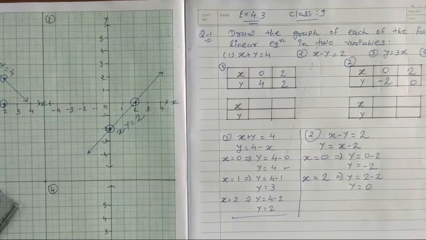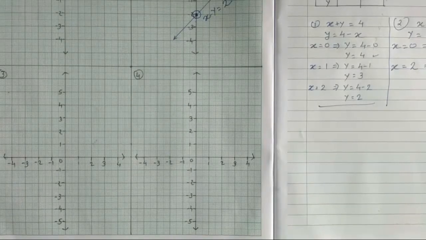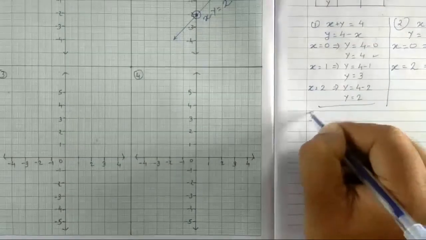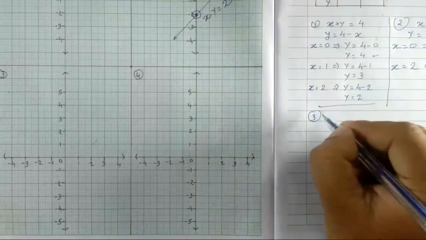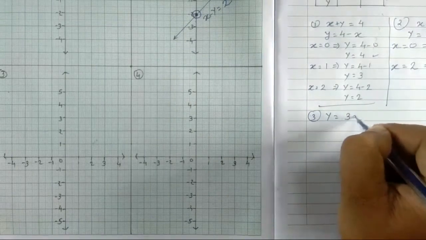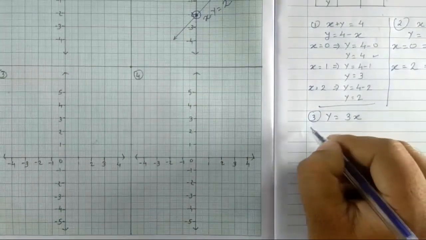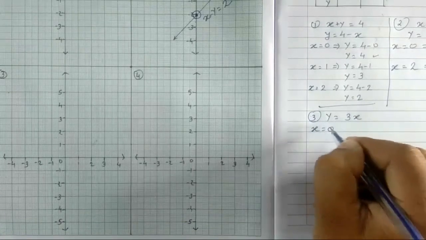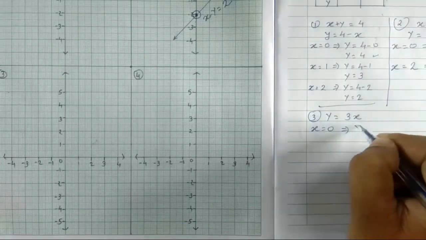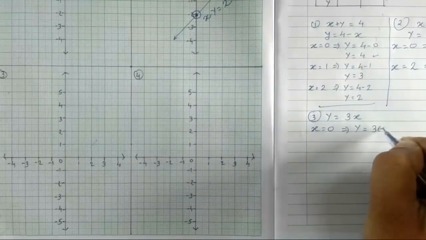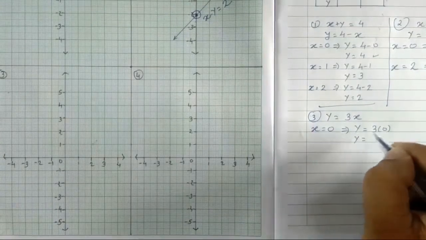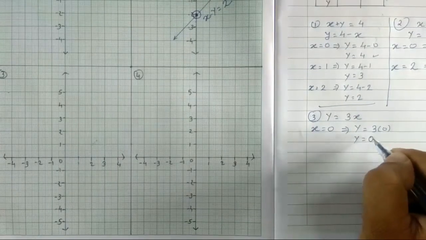Now let us see the third one. Our third equation is y equal to 3x. If x is equal to 0, at that time y equal to 3 into 0, that's why the value of y is equal to 0.